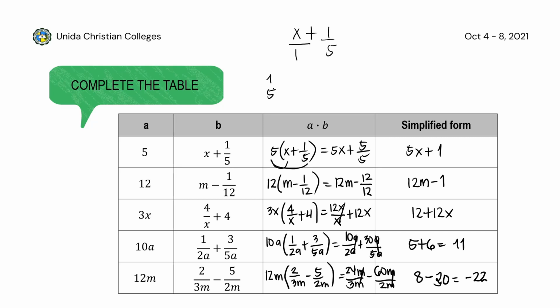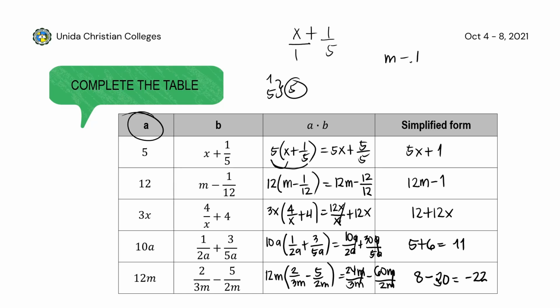Just list them down, that's all we need to do. And then find the least common denominator by simply multiplying them. So 1 times 5, that is 5. Therefore, the common denominator of our first row is 5, which we also saw in column A. Now, next, we have our second row.